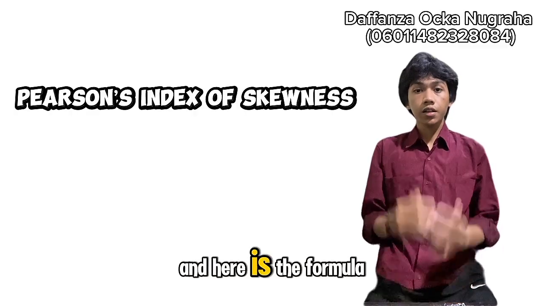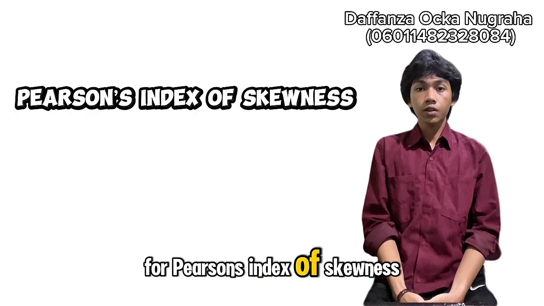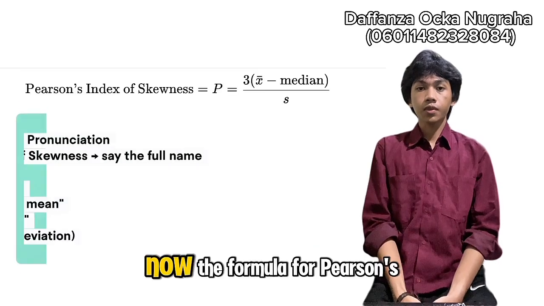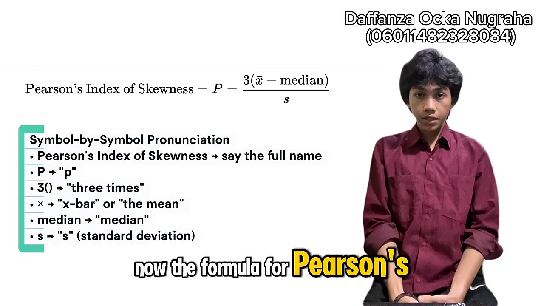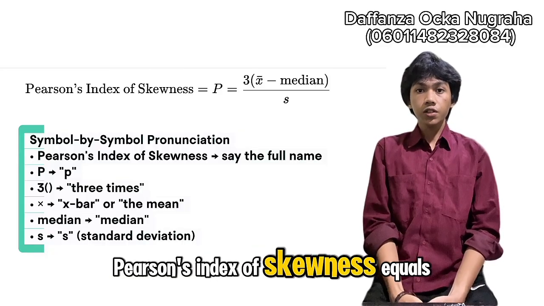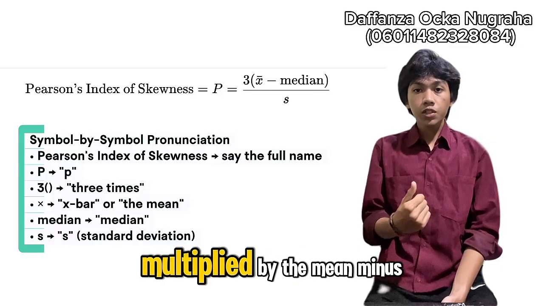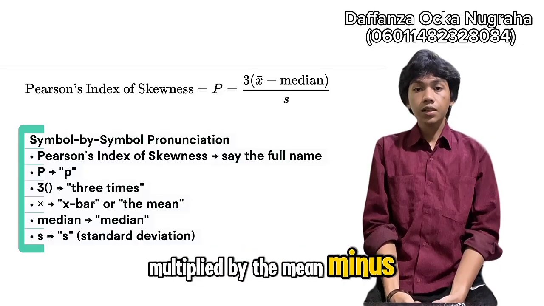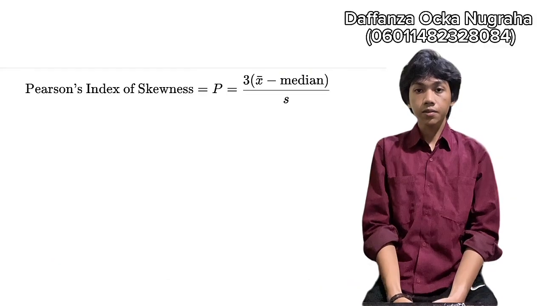And here is the formula for Pearson's index of skewness: P equals 3 multiplied by the mean minus the median, all divided by S.